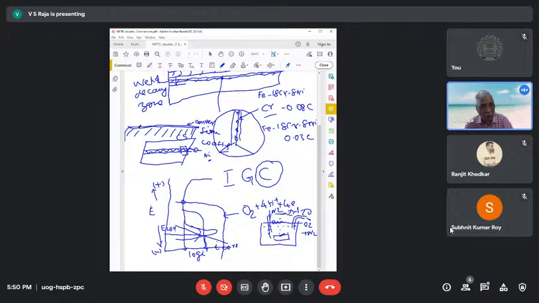So the corrosion resistance of this metal depends upon how good the conversion coating is. The conversion coating is not that capable as you see in the case of a paint coating. It may, for example, dissolve if you leave it for a longer time.